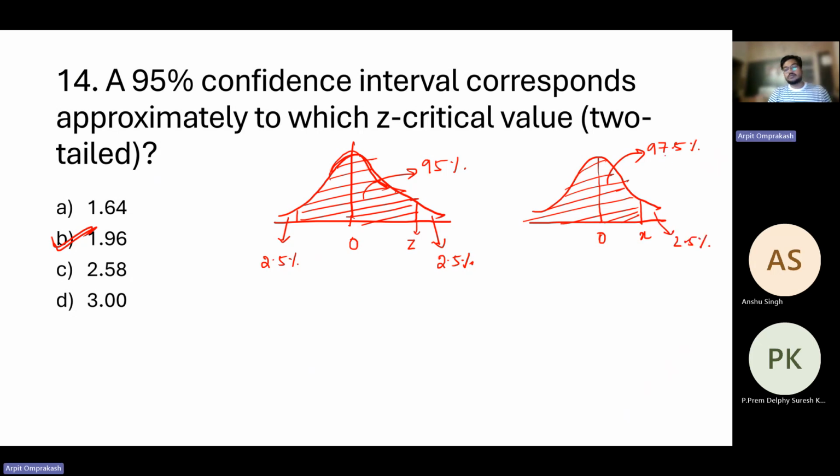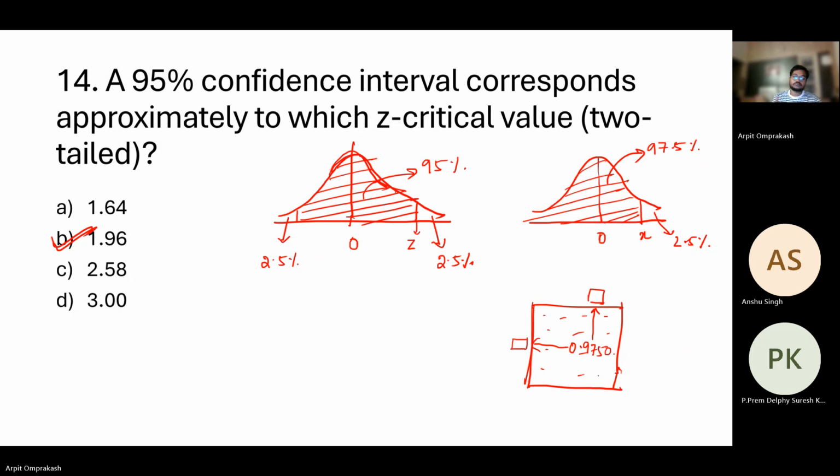So what we need to do is, in the table, where all the different probability values are given, find the probability value of 0.9750, or 97.5%. For that particular value, we look at the row and the column. The row gives us the first two digits and the column gives us the third digit of the value.